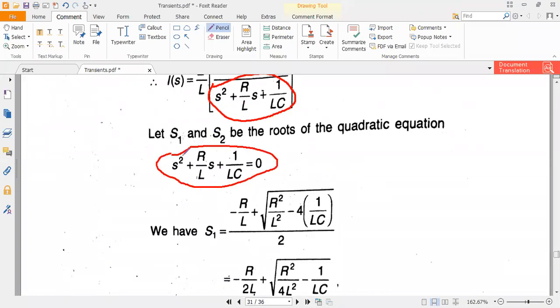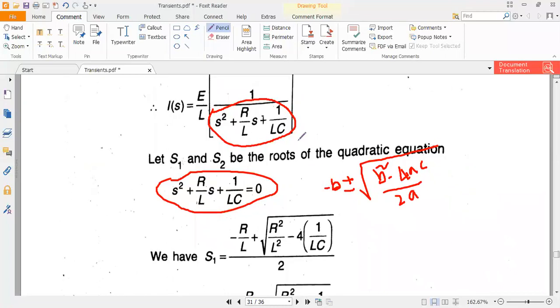Okay, so then if you want to find the roots of this equation, you know the formula, that is minus B plus or minus square root of B square minus 4AC by 2A.